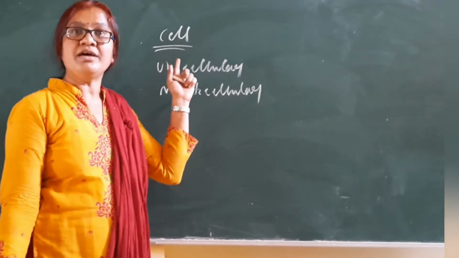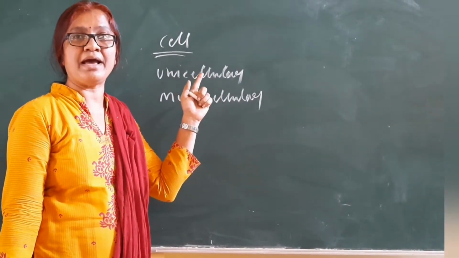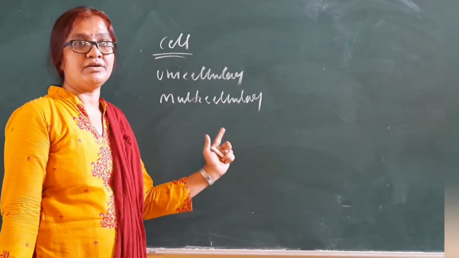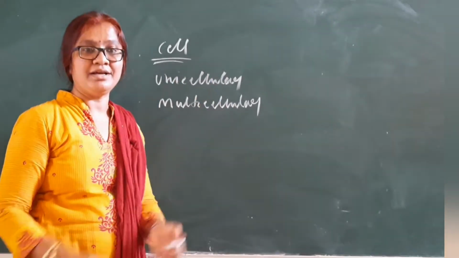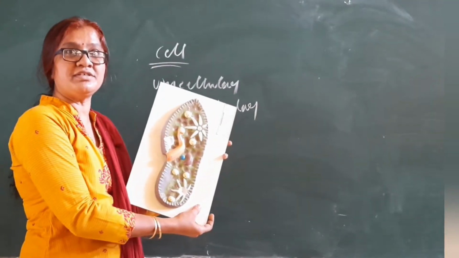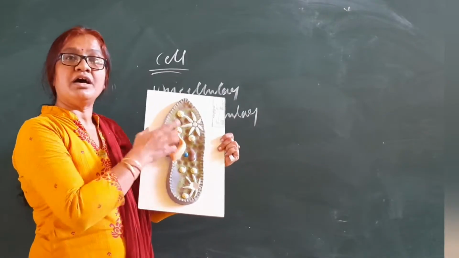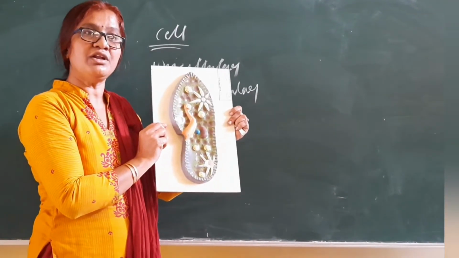So based on the number of cells, we can differentiate organisms as unicellular and multicellular. Unicellular organisms have only one cell. Example, Paramecium. This is a unicellular organism, so a single cell is responsible for all physiological functions.